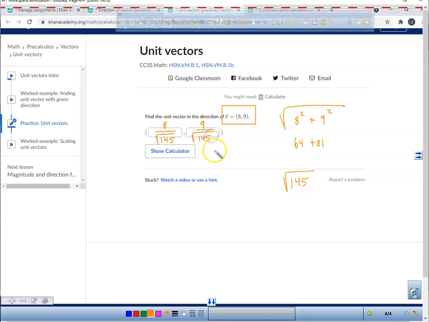I know what you're thinking. Aren't you supposed to rationalize the denominator? You don't have to on this. If we had to simplify it, we would have to. I'm just going to put this over that and this over that and call it a day. Just remember, x component over the magnitude, y component over the magnitude, and this would give us what's called a unit vector if we were to work it out.